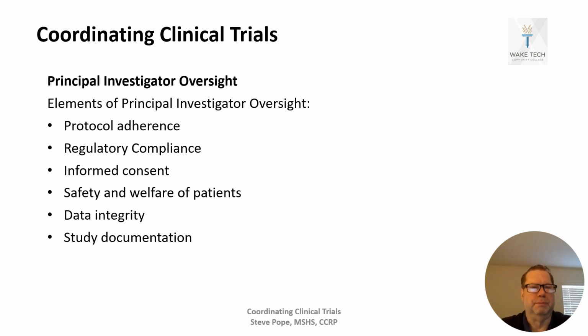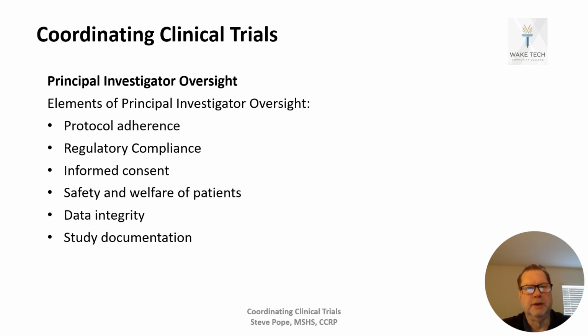So let's talk about principal investigator oversight and what the elements of that are. They really fall in a couple of categories. First of all, you've got protocol adherence. Is the study being done according to the written protocol and according to the procedures and events that are in the protocol that are approved by your IRB? You've got regulatory compliance.